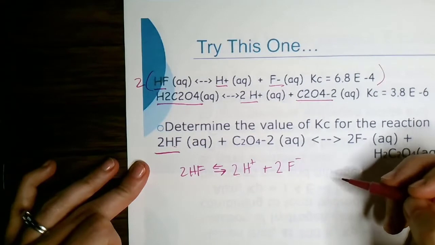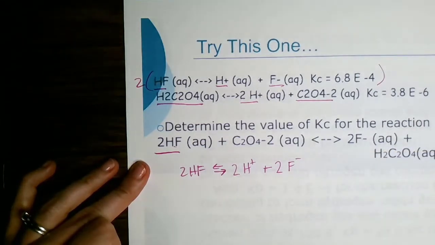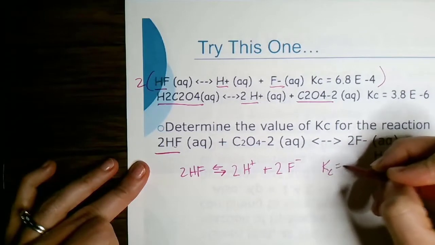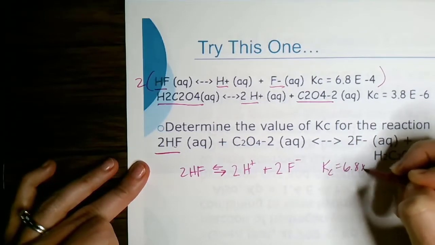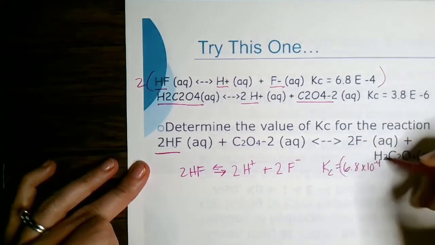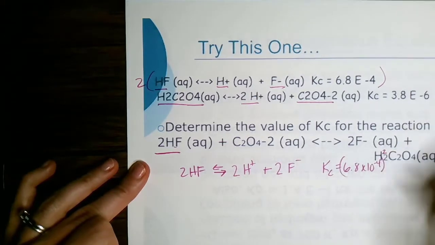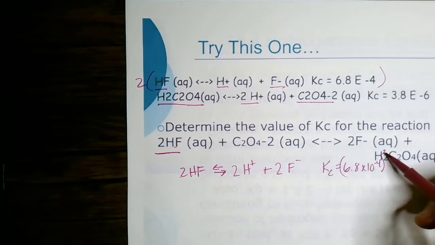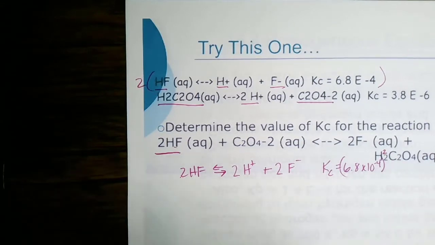And that means I'm going to take my Kc value of 6.8 times 10 to the -4th, and I need to square it, right? Because I distributed 2 throughout it, so I need to square my Kc.